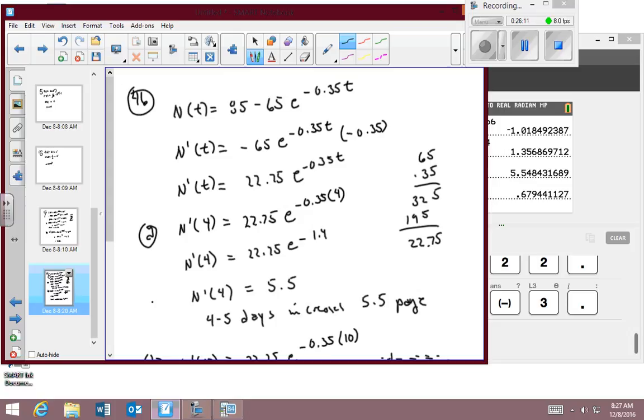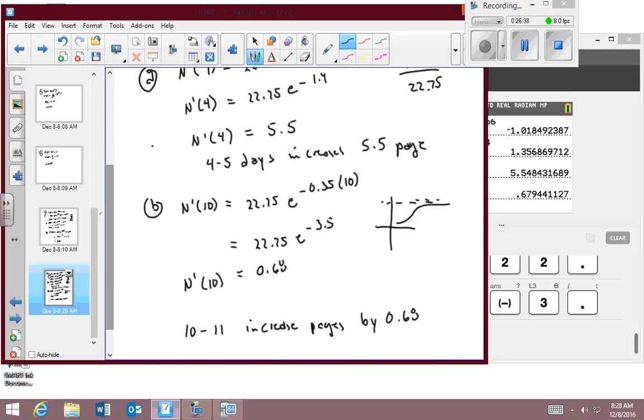You have a logistic function. This number right here is 85. You approach it, you never get to it.